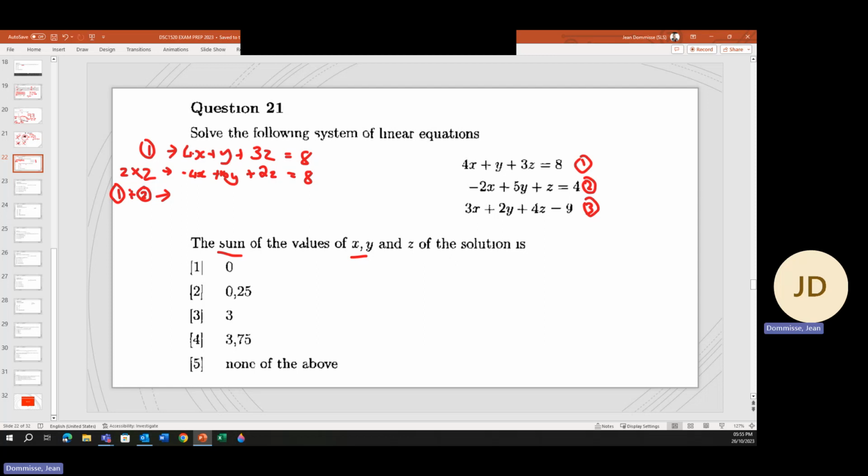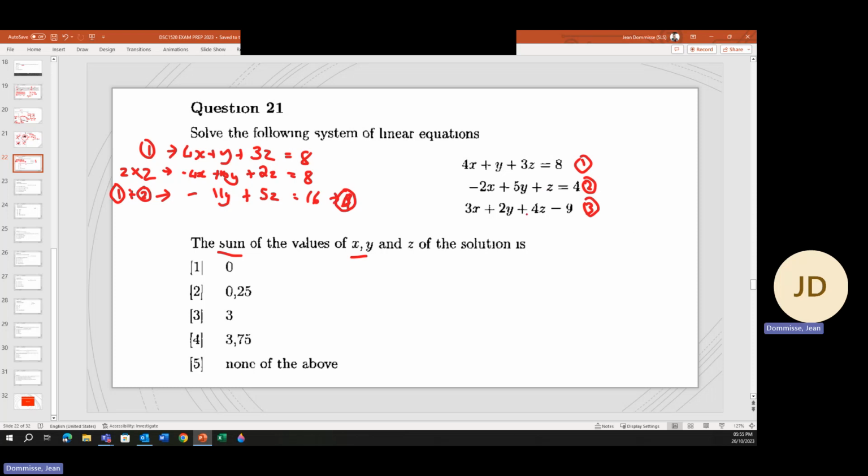So 4x plus minus 4x is 0. Y plus 10y is 11y. 3z plus 2z is 5z. And 8 plus 8 is 16. Okay, so that now is a new formula for us, formula 4.